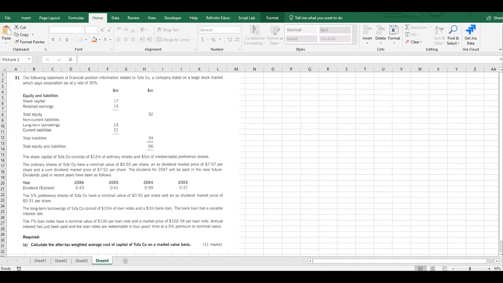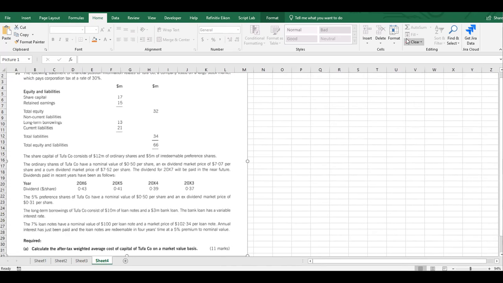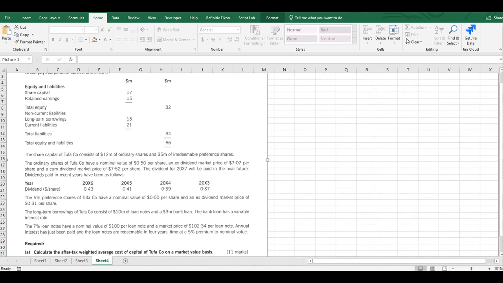To calculate the after-tax weighted average cost of capital of Tufa company on a market value basis. The question is: the following statement of financial position relates to a company listed on a stock exchange. Corporate tax is 30%. Share capital, retained earnings and long-term borrowing are given. Share capital consists of 12 million ordinary shares and 5 million irredeemable preference shares. Ordinary shares have a nominal value of 0.5.